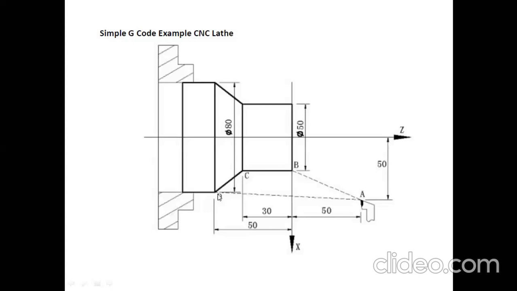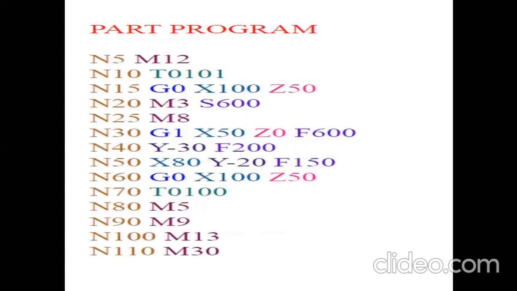The taper turning operation is carried out in this step, represented by line N50: X80, Z minus 20 and feed rate F150, which is 150 mm per minute.